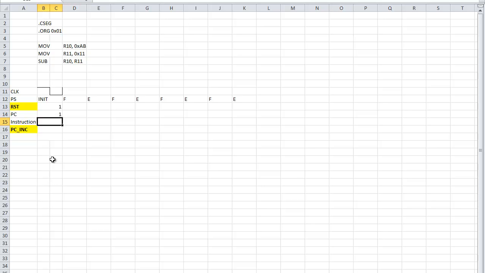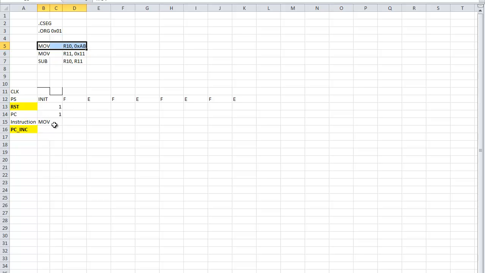The instruction is going to be whatever instruction is at the program counter. So we know that the instruction is going to be the move instruction. Now what you would actually see in ISIM is the machine code that represents that assembly instruction.